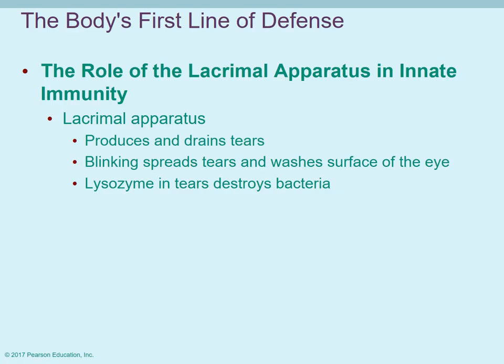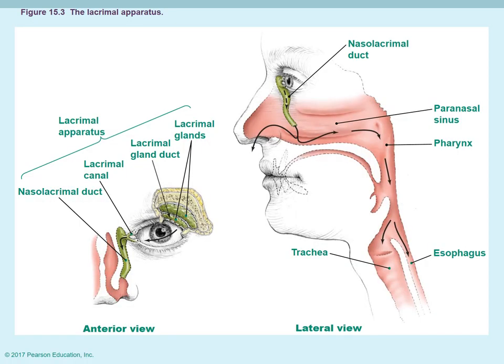In your tears, there is this chemical, lysozyme, that will kill bacteria. The eyes are a potential entry point into the body. And so by having the lysozyme in tears, it will help to protect.